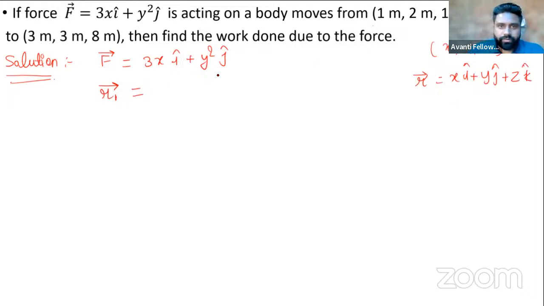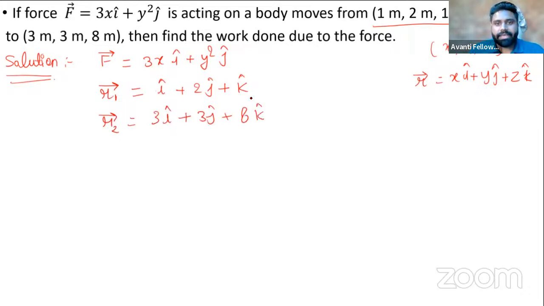So if the coordinate is given to you as 1, 2, 1, you can write it as i cap plus 2j cap plus k cap. Similarly, the final vector r2 vector is 3i cap plus 3j cap plus 8k cap.